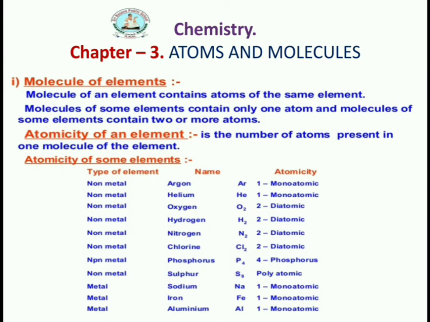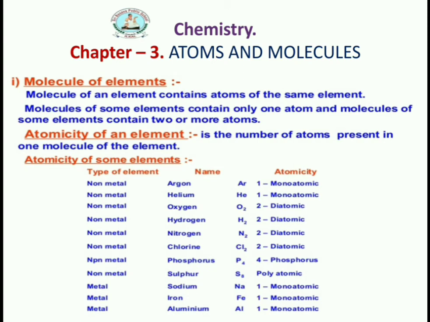Here first, non-metal argon, Ar, 1 means monoatomic, and helium 1 is monoatomic. Oxygen is diatomic, so you see the number of atoms given in the symbols. O2 is diatomic. Hydrogen H2 is diatomic. Nitrogen N2, 2 are there, so diatomic. Chlorine 2 are there, diatomic.